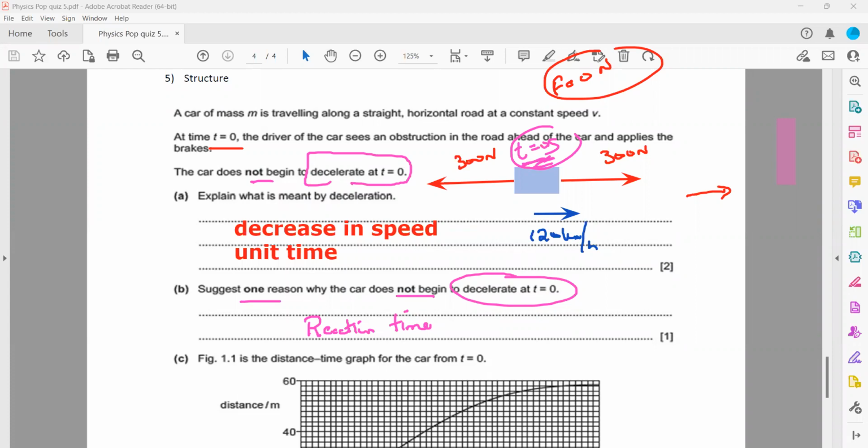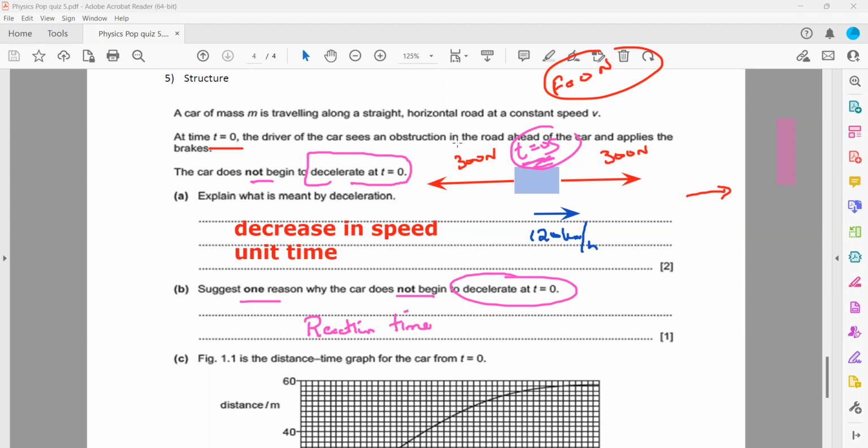And the moment he presses the brake, then the car will slow down. Is it clear? Anyone having a doubt in this part? B, that is why the car does not instantly decelerate, why it takes some time to decelerate.